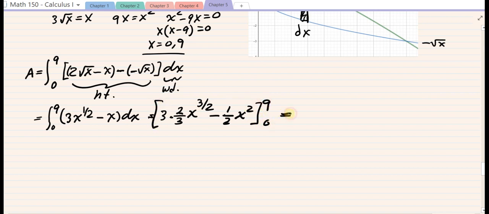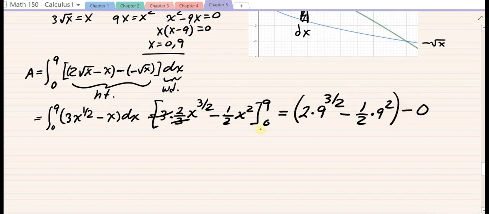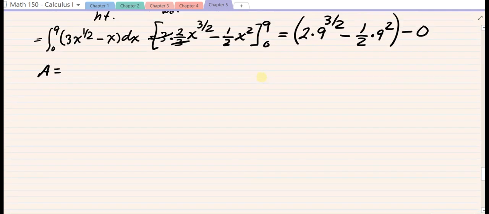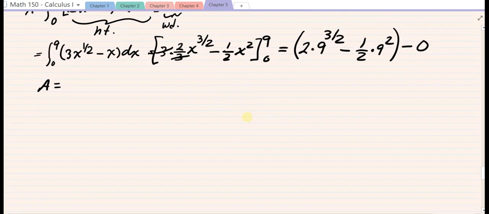And this will give us, the 3's cross out. So the upper limit, you plug in, we get 2 times 9 to 3 halves, minus 1/2 times 9 squared. The lower limit gives you 0. When you plug in 0 for x, we get 0. So the area is equal to 9 to 3 halves.